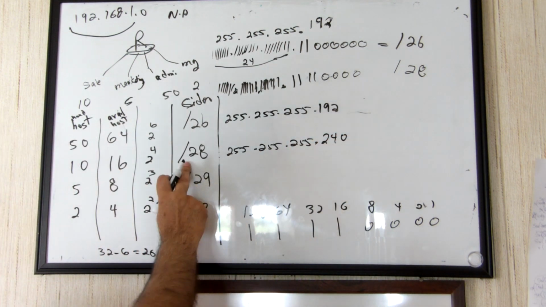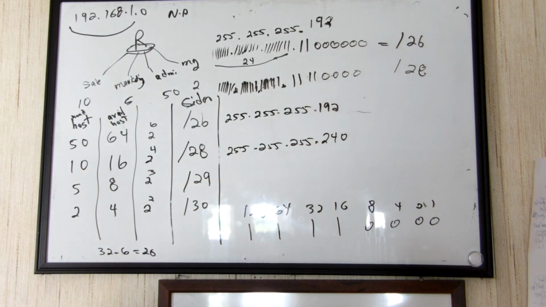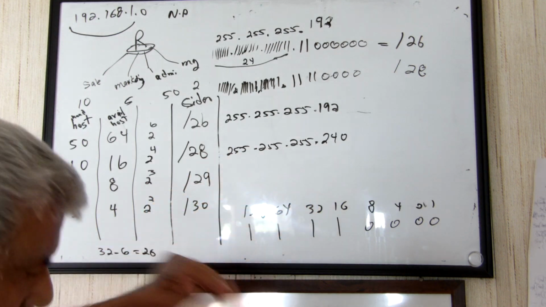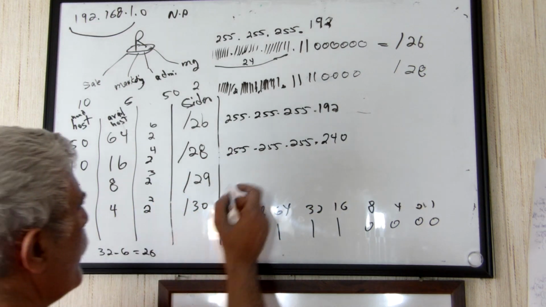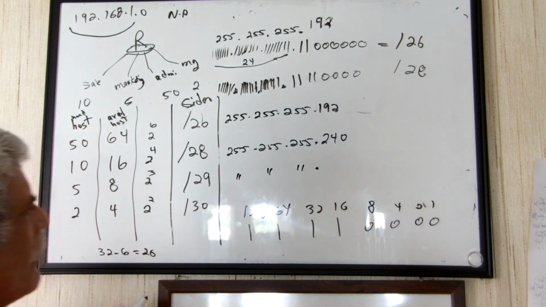So /28 always means 4 ones in the fourth octet. Then we have /29. I don't want to write these again. What does /29 mean?